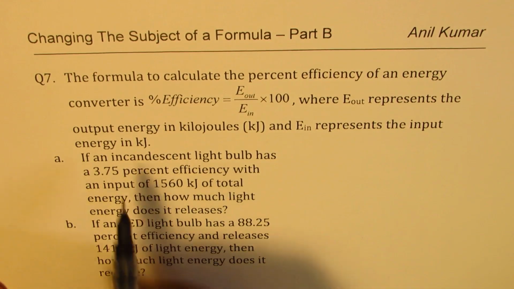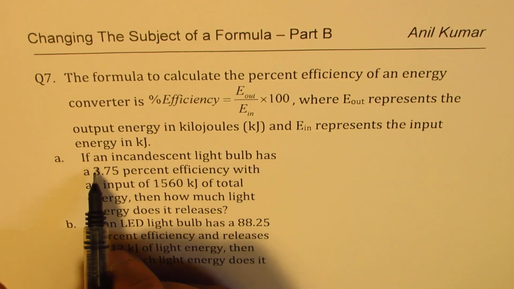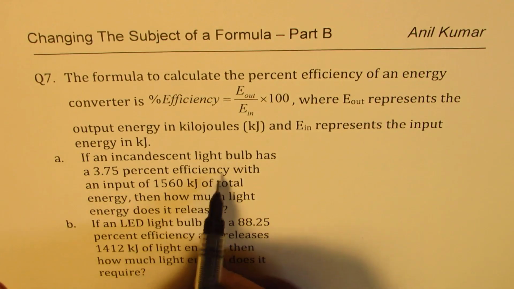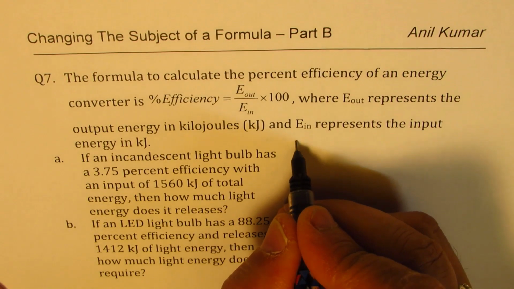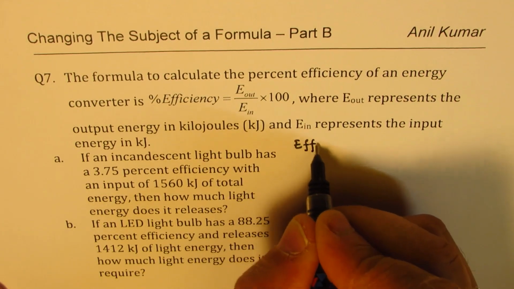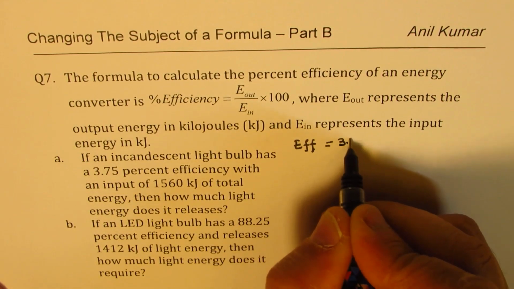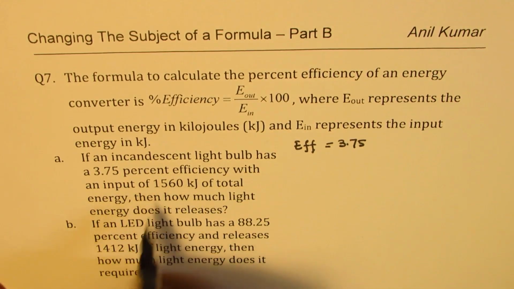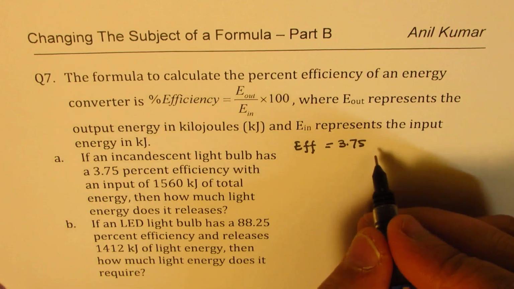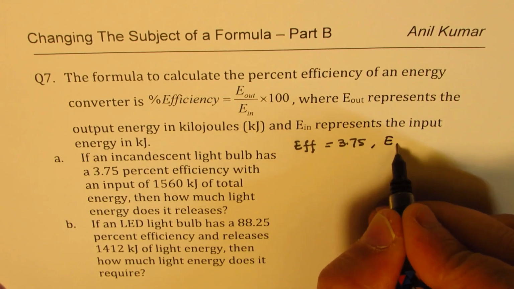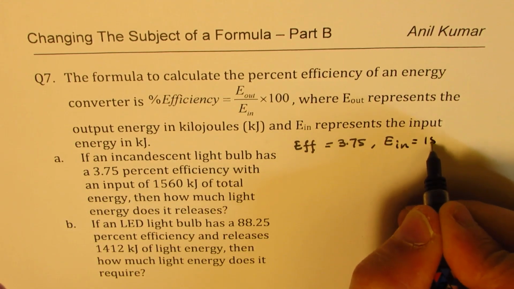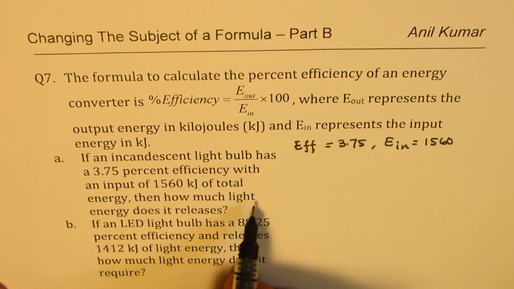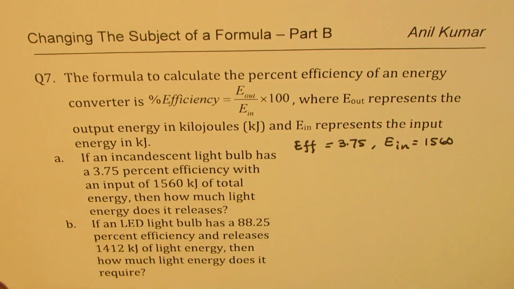So what we are given here is that the incandescent light bulb has 3.75% efficiency, so we are given the efficiency here. Let's call this efficiency equals 3.75. With an input of total energy, E input is 1560 kilojoules, then how much light energy does it give out?